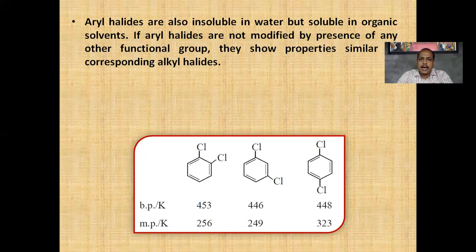Alkyl halides are soluble in organic non-polar solvents like benzene, hexane, chloroform, etc. Aryl halides are also soluble in non-polar organic solvents, but both aryl halides and alkyl halides are insoluble in water. Okay, so we stop here.